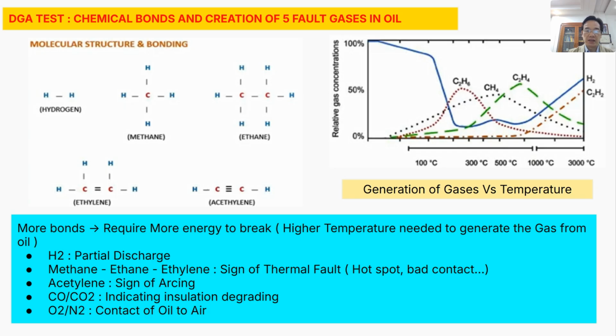So that is a closed loop. The oxygen will accelerate the aging of the paper. Then the aging of the paper also creates moisture and acids. Then moisture and acids in oil again accelerate the aging of paper.